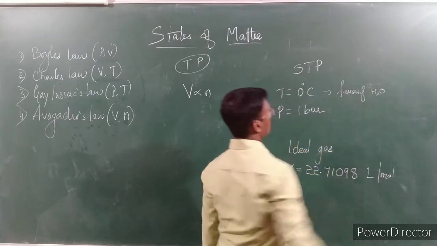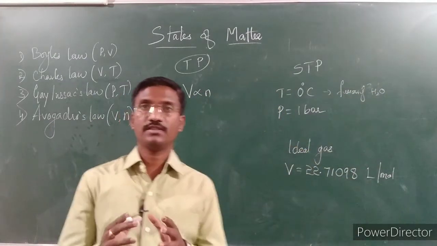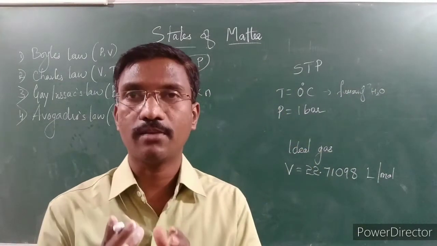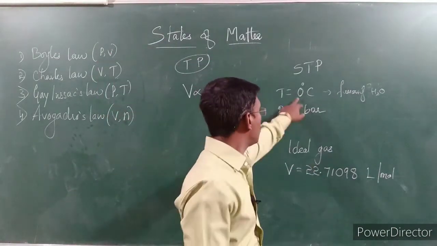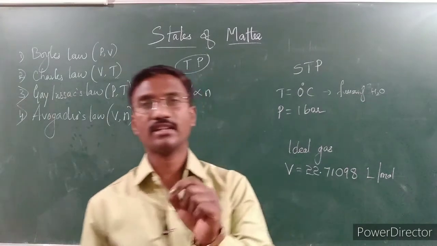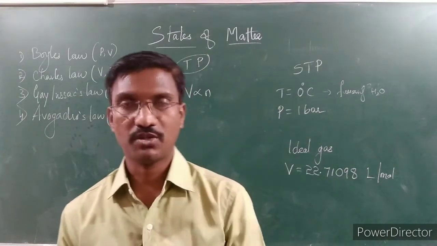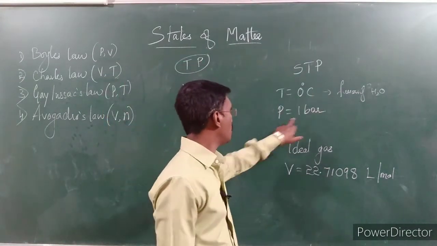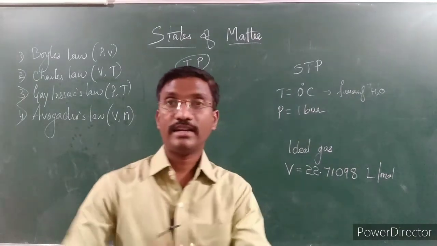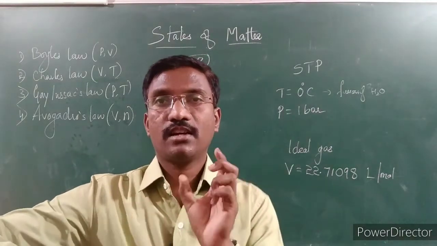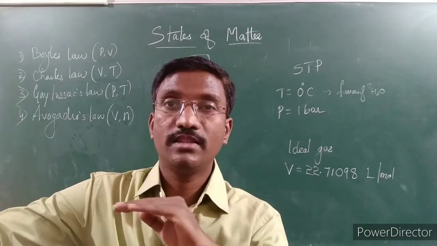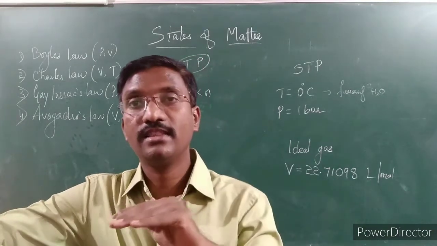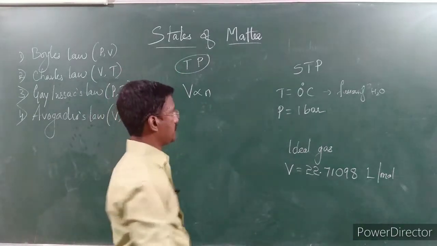At this temperature, water freezes and forms a solid, ice, at 0 degrees Celsius. For that reason, we consider it the standard temperature. And for pressure, we have taken 1 bar, or 10 raised to 5 Pascal, as the standard pressure. Why? Because this is the pressure exerted at sea level.